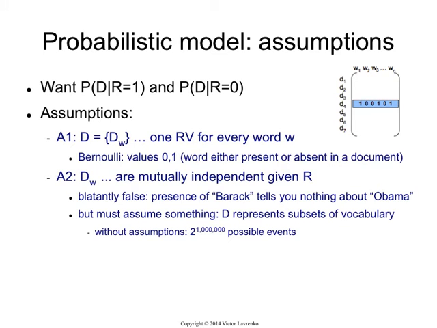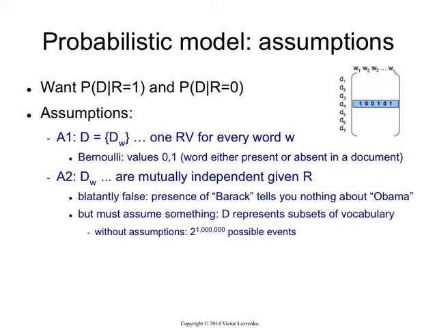The second assumption is that those variables, dw, are all mutually independent given r. So if I know that the document is relevant or non-relevant, the presence or absence of words is completely independent. Now you look at that, and that should raise some red flags immediately.